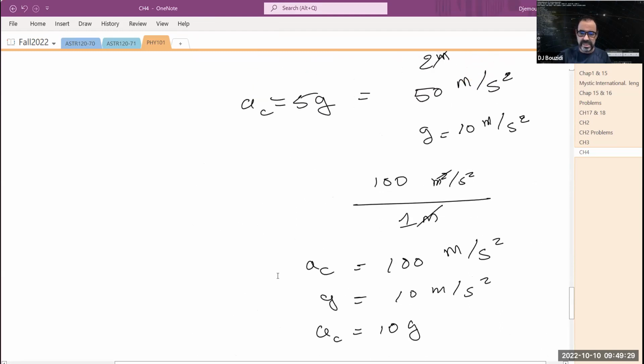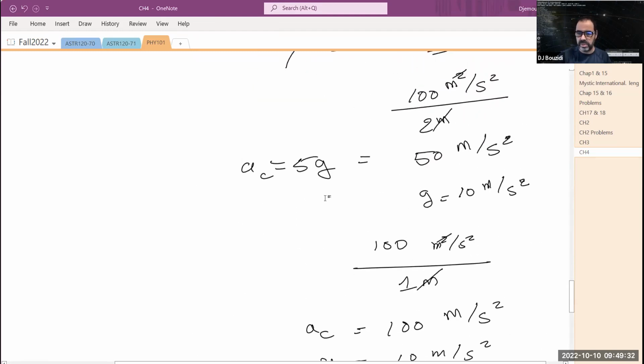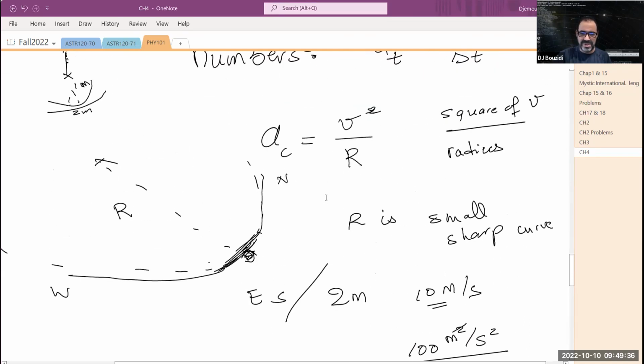As a matter of fact, curves are not really 2 meters or 1 meter radius. That is ridiculous for a car. So practically the radius is far greater than that. It's several tens of meters, okay? 20 meters, 30 meters, 50 meters, and the wider the curve, the higher the speed. That's why freeway curves are usually much bigger with a bigger radius, because cars are expected to be moving faster than on street curves.